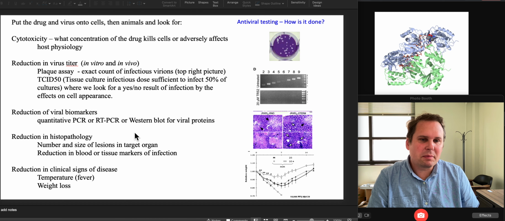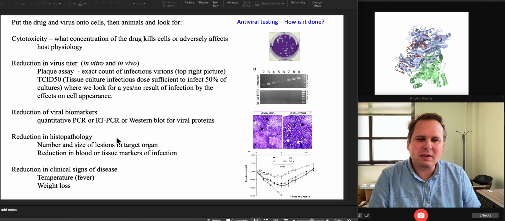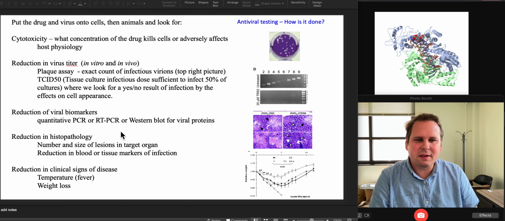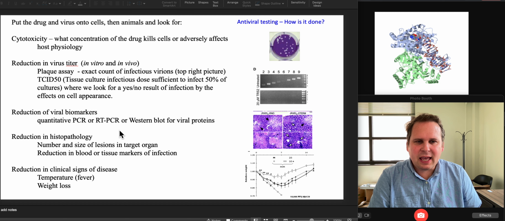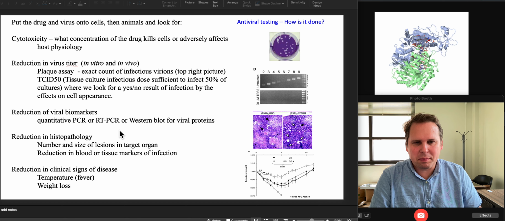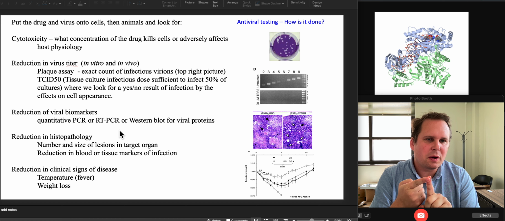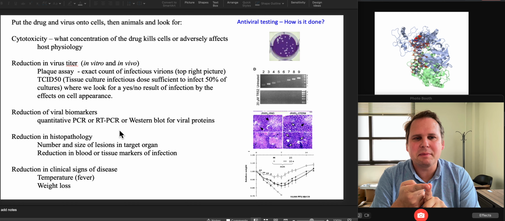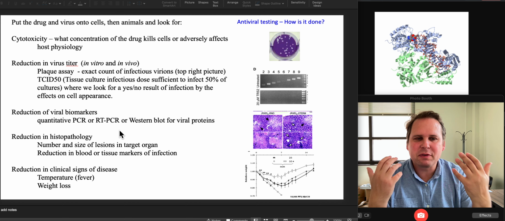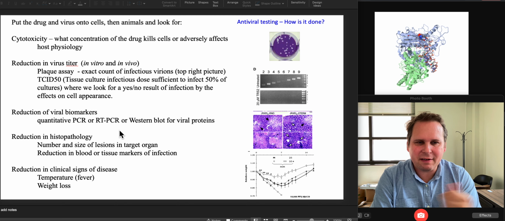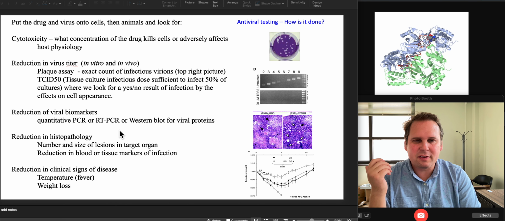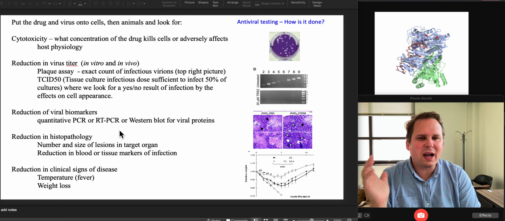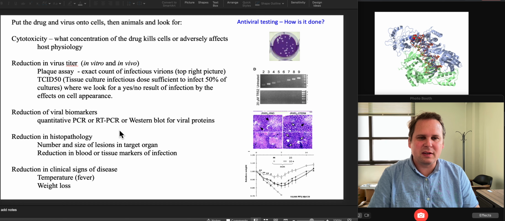And so that would be something you would do in an animal. Something like a mouse would be common, or whatever animal is appropriate. It has to be able to grow your virus, and often people will genetically modify the mouse to have the right receptor proteins to be able to grow the virus, because mice in general are cheap to use, widely used, and decently well understood.